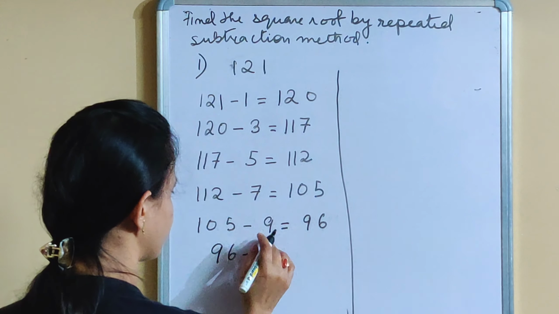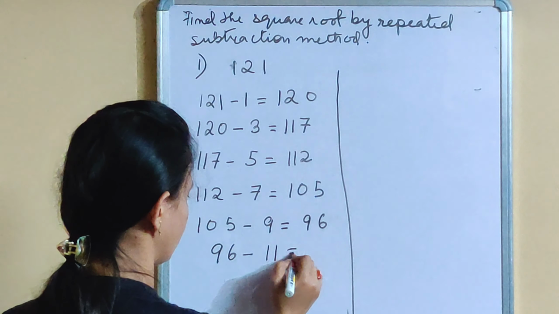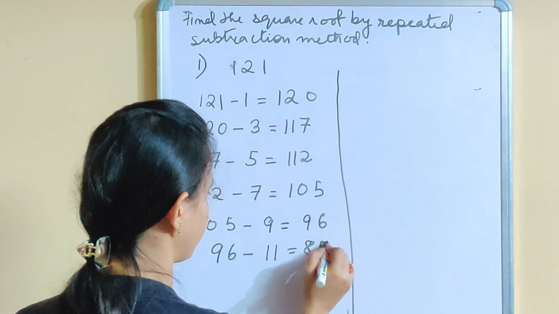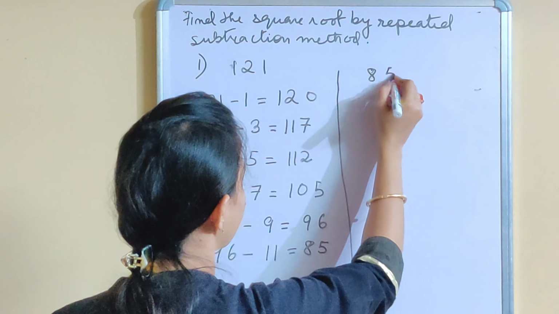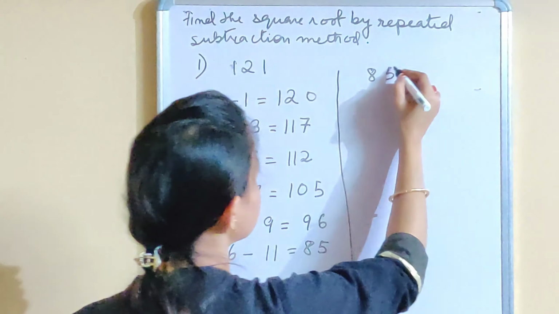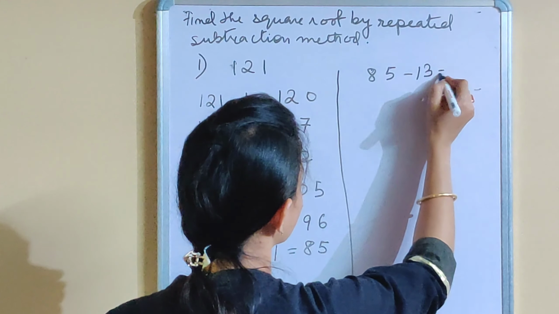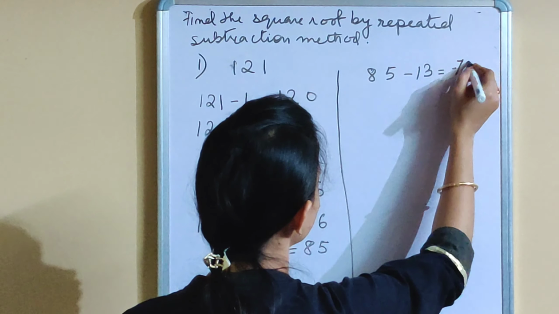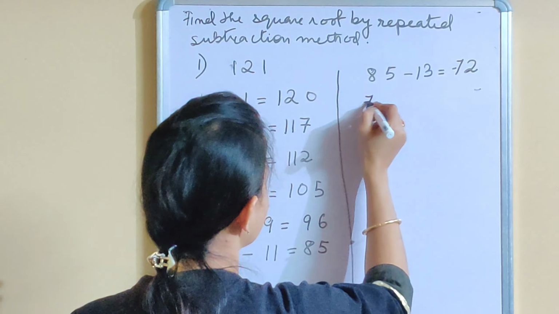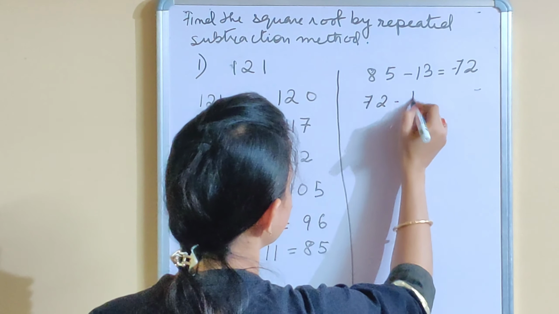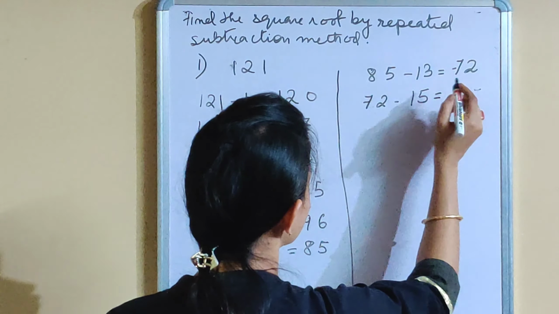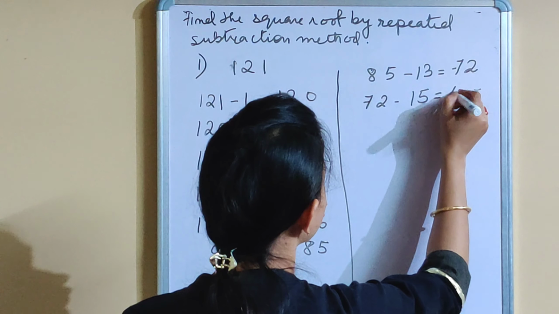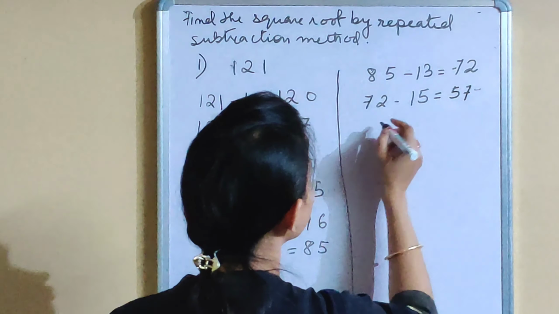96 minus, after 9 it is 11. So it is going to be 85. 85 minus, after 11 it is 13. So it is going to be 72. 72 minus, after 13 it is 15. So it is going to be 57.